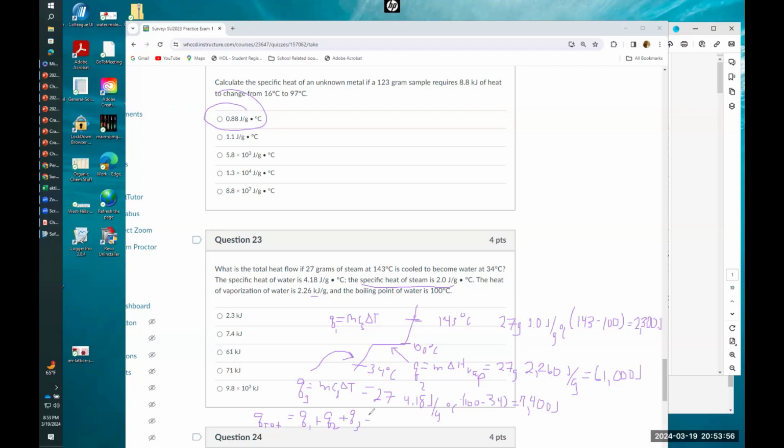Is it 158,000? No, 15,800? Let's see, hold on. No, no. I got 70, yeah, it's more because there's 61. 71. Yeah, 71,000. And that's joules. Change that to kilojoules.